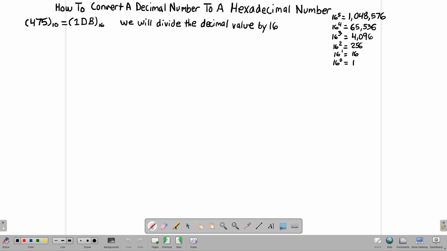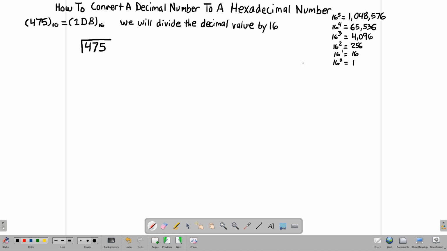Since we're converting from decimal to hexadecimal, the key to this computation is we will divide the decimal value by 16. Alright, so let's begin. So we're going to take the value 475, my mistake. And what we're going to do is divide 475 by the highest multiple of 16.